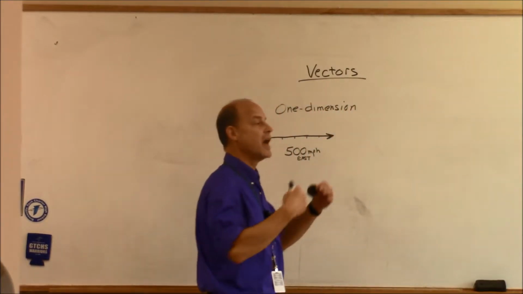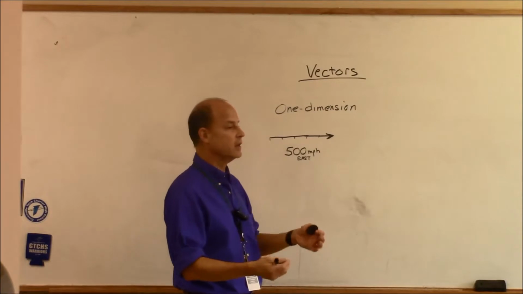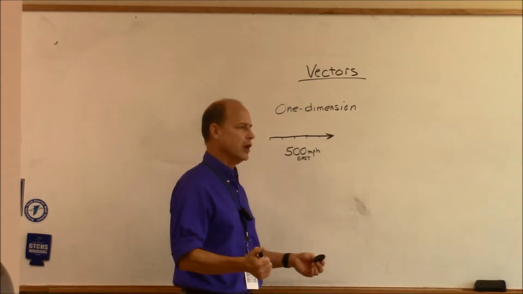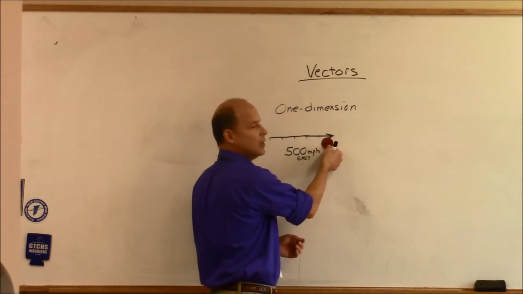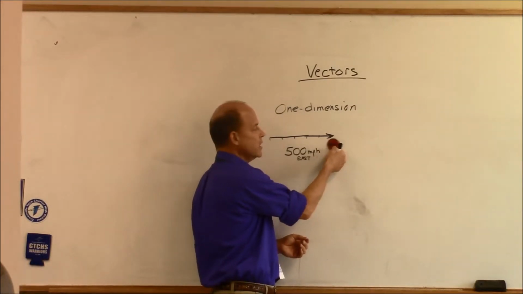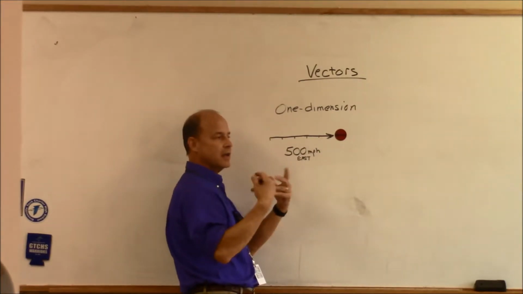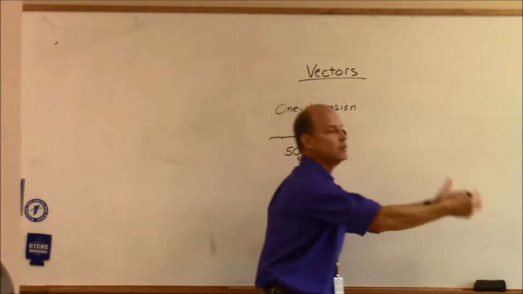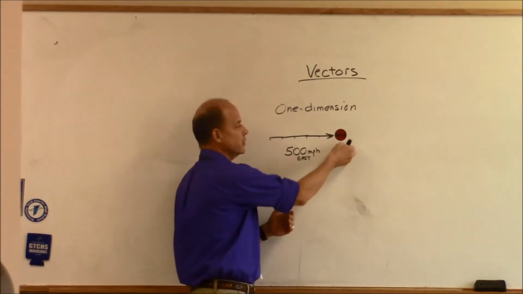So you either have a headwind or a tailwind. And sometimes you've been on the airplane and the pilot just says, yeah, we're cruising along at 500 miles an hour, but we have a headwind of 100 miles an hour, right? So there is wind blowing us back, and so we're not making as much headway as if there were no wind, right? Because we're being blown back a little bit.